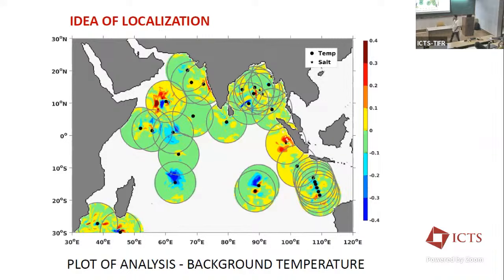For finer models, for example 1/12 degree or 9 kilometer resolution models, you need a much smaller localization radius. In the system that we use, we have kept a localization radius of about 200 kilometers.